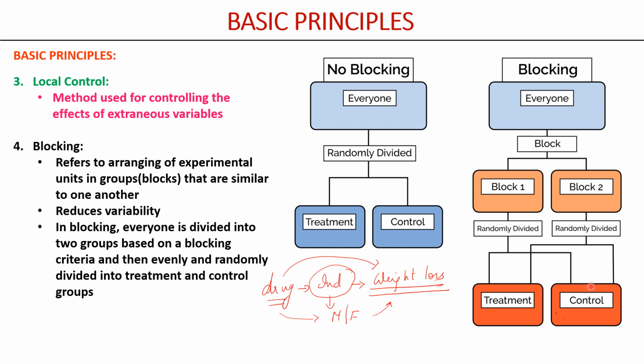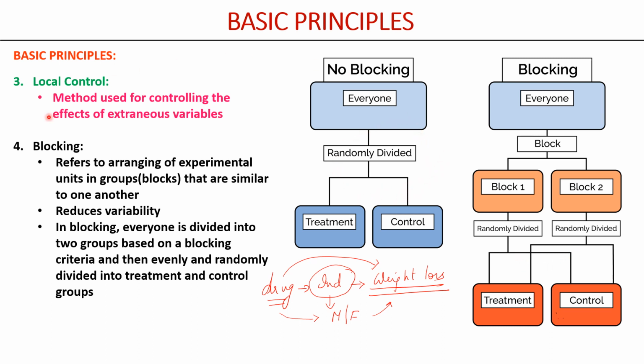and then generalize. Then the result that I get will certainly be different from case 1, because block 1 results will be pertaining to how men respond, and block 2 results will be pertaining to how females respond. So this conclusion is much better than the case when blocking is not done.